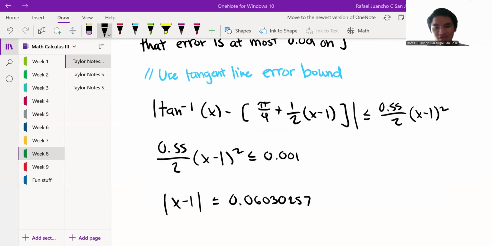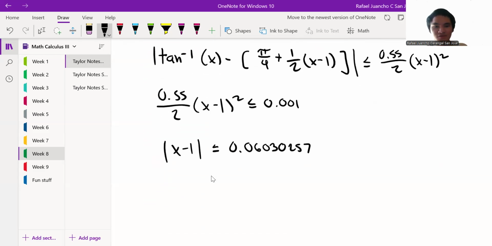If we want a symmetric interval, what we want to do to get that interval is basically subtract one from that and then add it to the other. And that's how we'll get that. That's so messed up.